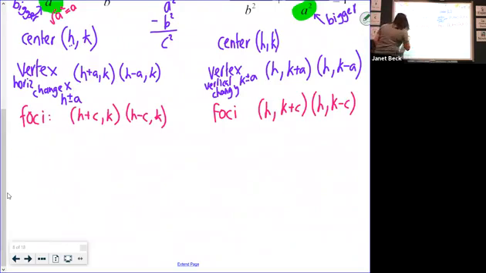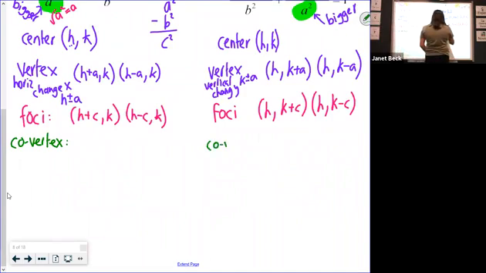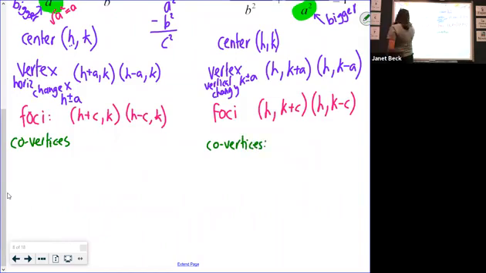There are two of them on this one. Co-vertices, there's more than one. Okay, so if we went horizontally to get to the main vertices, we're going to go vertically from the center.